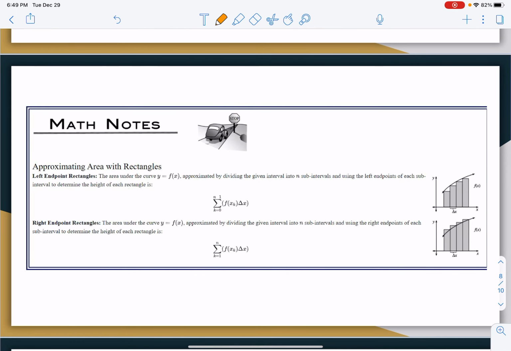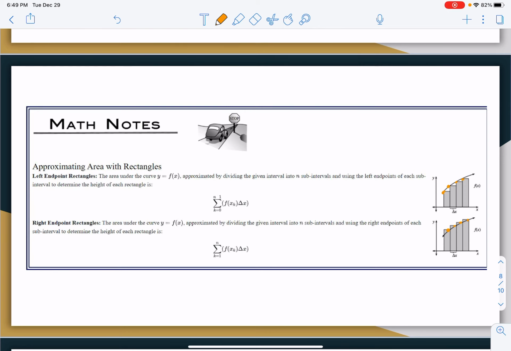Look back at your math notes for this section. Remember, left endpoint rectangles touch the curve on the left side of the rectangle, and right endpoint rectangles touch the curve on the right side of the rectangle.